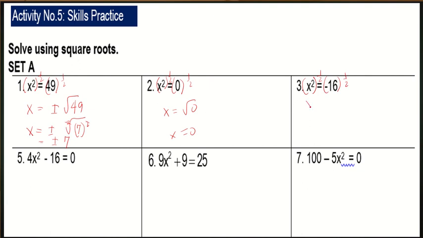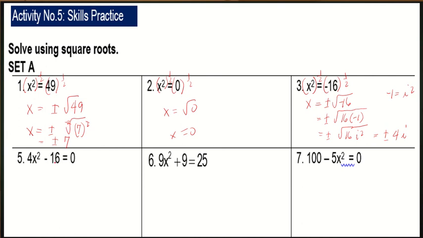So we have x now is equal to positive negative square root of negative 16, in which negative 16 can be expressed as 16 times negative 1. Then we have plus minus square root of 16, and we all know that negative 1 is equal to i squared. So we replace negative 1 with i squared, then we take the square roots. Then the square root of 16 is 4, and the square root of i squared is i.